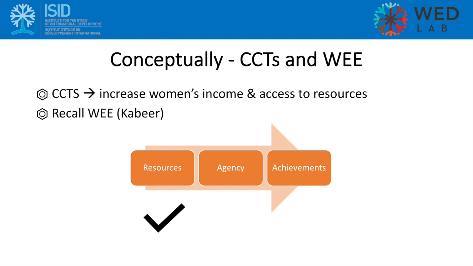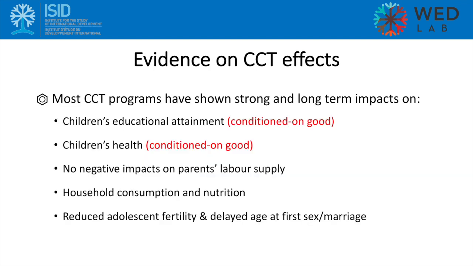But for that to truly lead to women's economic empowerment, there are these two other boxes, right? What does this mean in terms of impacting her agency, and what does this mean in terms of impacting her achievements? So here, theoretically, there's a question mark.